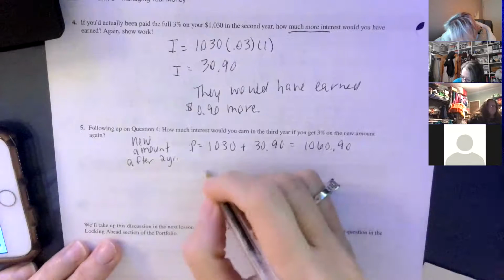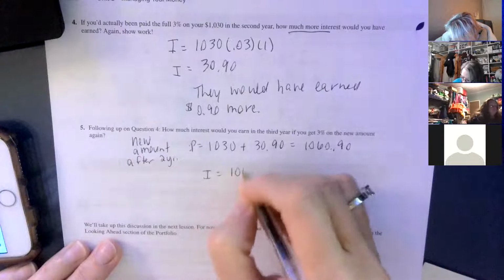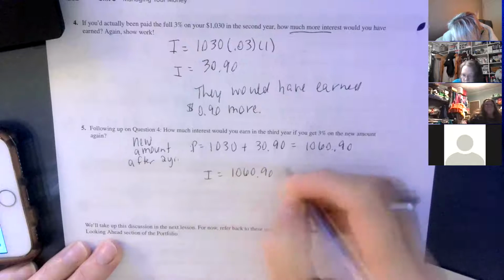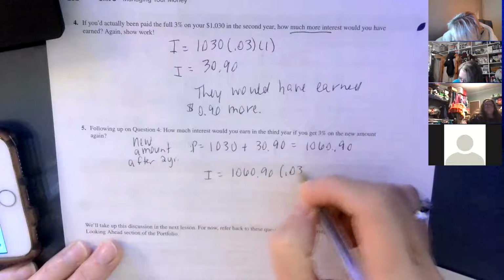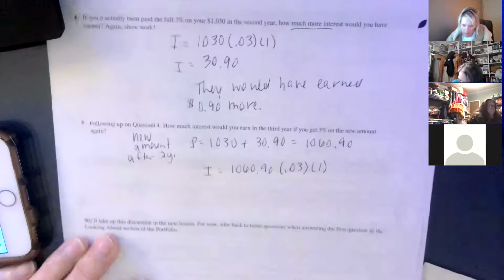So my interest is 1,060.90 times 0.03, if we get the full 3% for that 1 year.